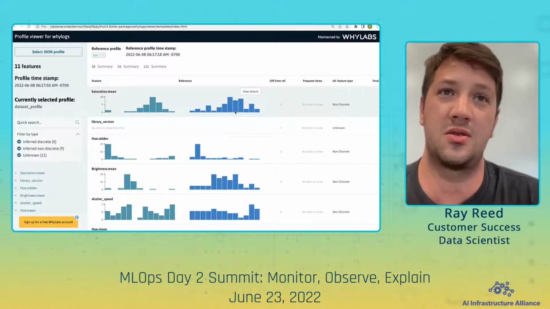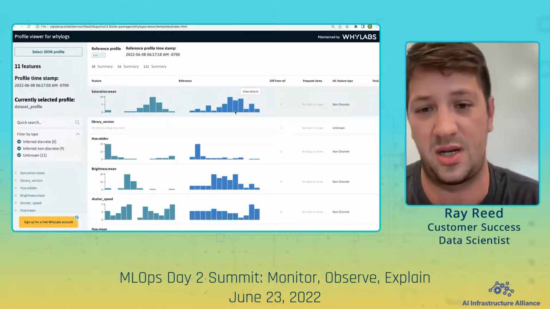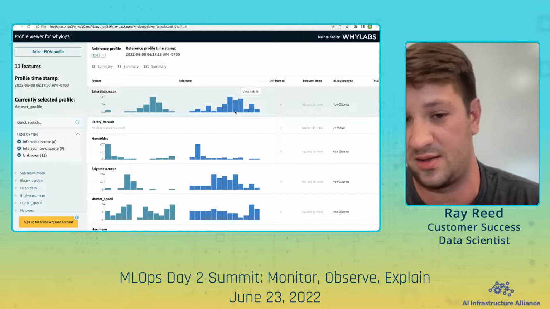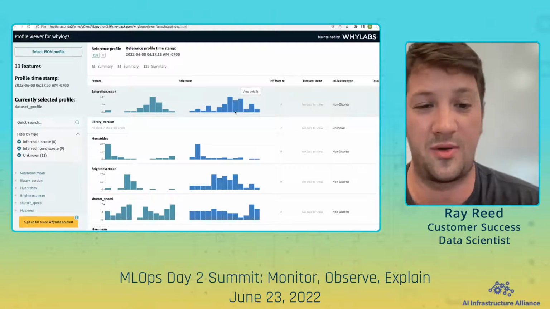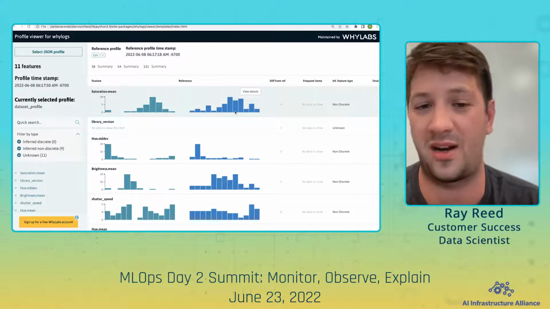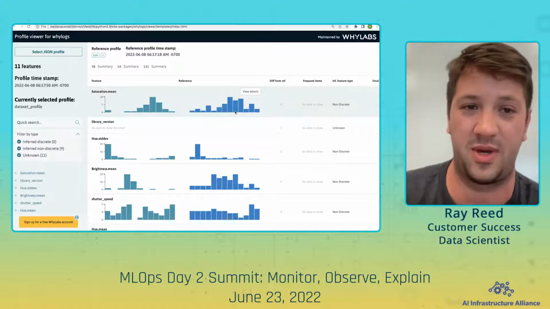I'd really like a way to dig into these profiles when an anomaly occurs, to do some root cause analysis and dig further to see what's going on. And I'd really like a way to get notified automatically through common communication channels like Slack and email.